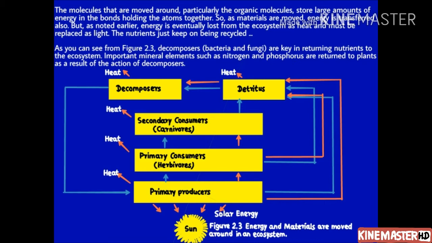Second, this energy can be used by primary consumers, called herbivores, and secondary consumers, called carnivores, and then transferred to the detritus, and to the decomposers, which are feeding bacteria and fungi, returning nutrients to the ecosystem and moving them around the ecosystem.